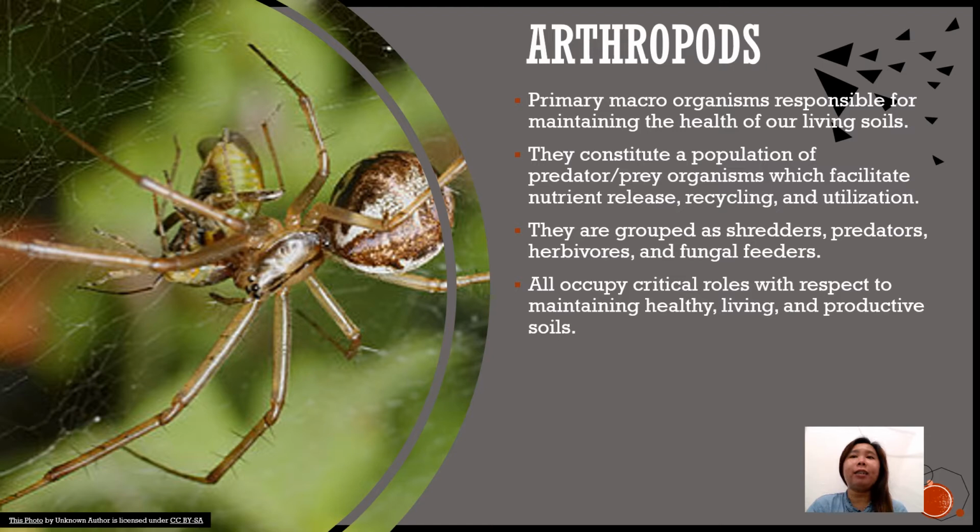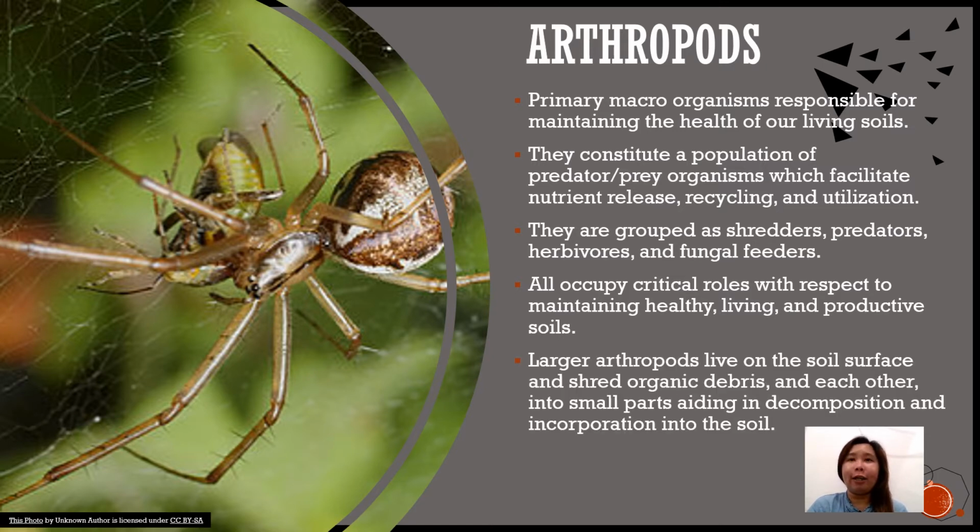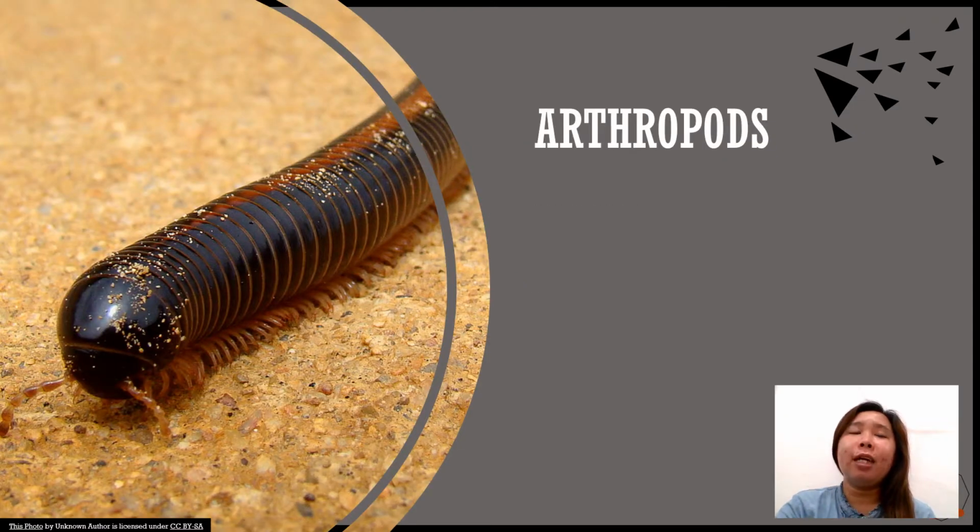Larger arthropods live on the soil surface and shred organic debris and each other into small parts, aiding the decomposition and incorporation of organic matter into the soil. Examples of arthropods are the millipedes, the sowbugs, the earwigs, and some beetles.